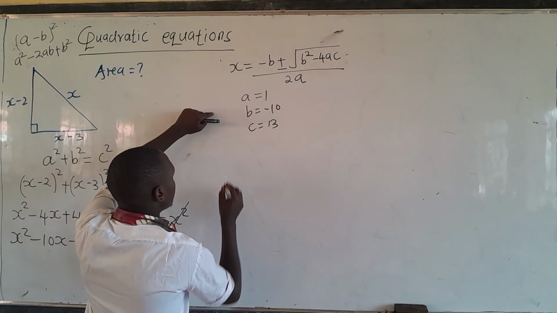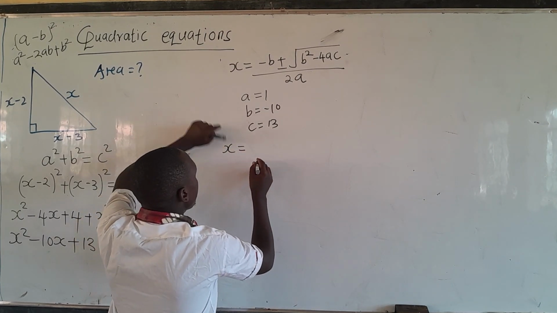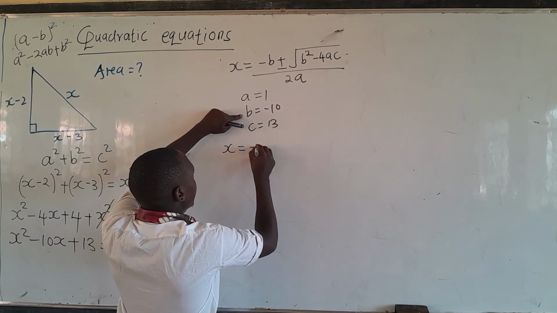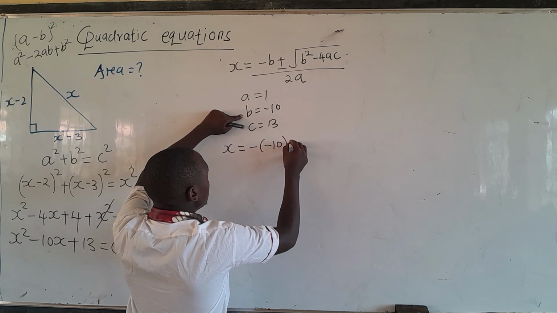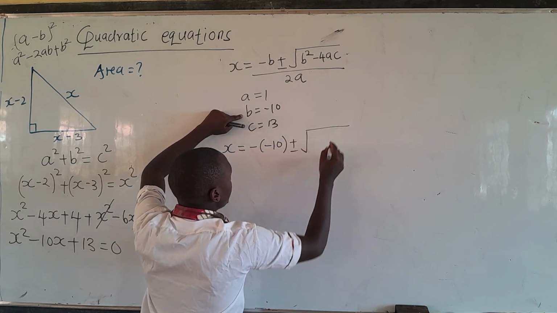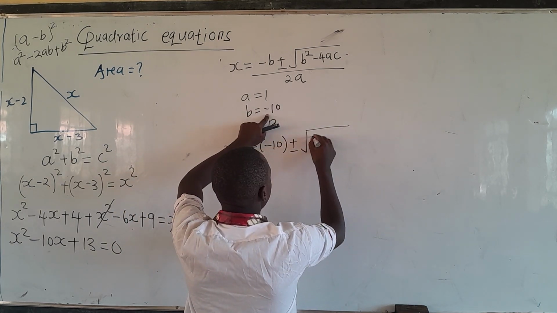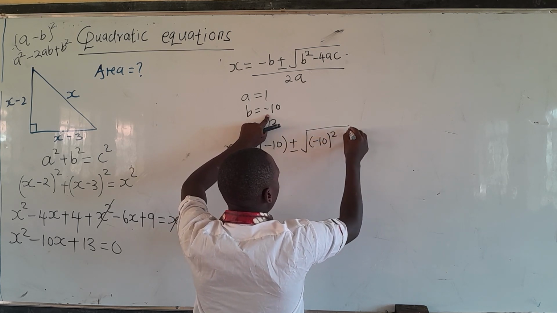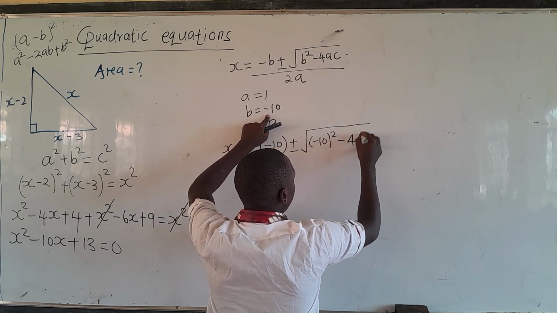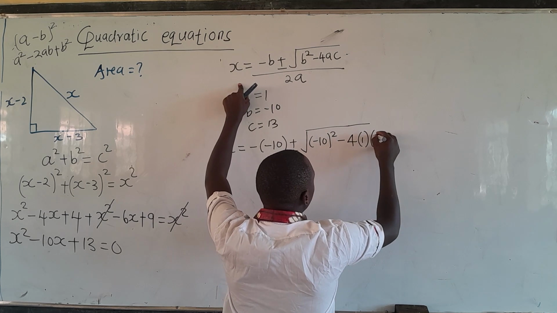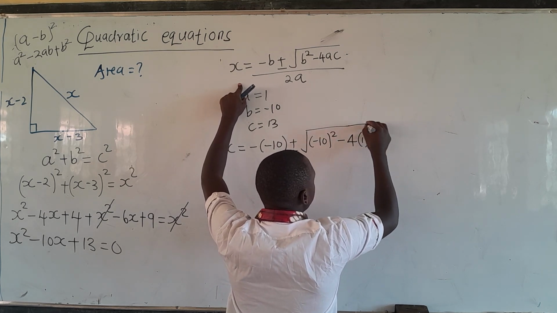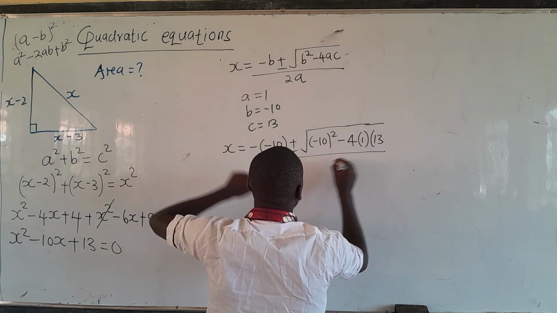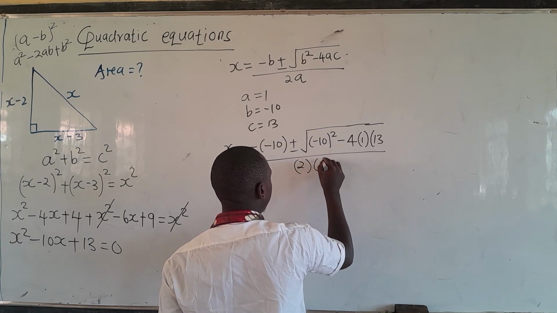So x equals negative b, that is minus negative 10, plus or minus the square root of negative 10 squared minus 4 multiplied by 1 multiplied by 13, all divided by 2 multiplied by 1.